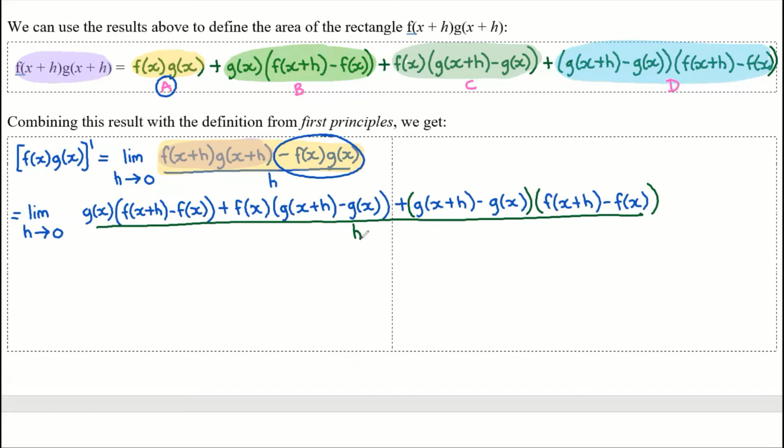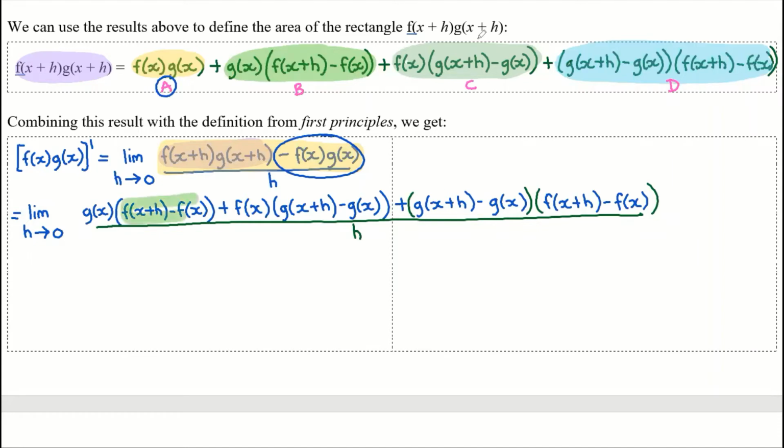So what happens next? Well, remember we can use the idea of limits being a linear operator. So we've essentially got what looks like four separate terms here, which we can split up. Now, I'm just going to show you how to do this in a quick way. Without rewriting everything out again, you can see that the first term is a product of g of x and f of x plus h subtract f of x.